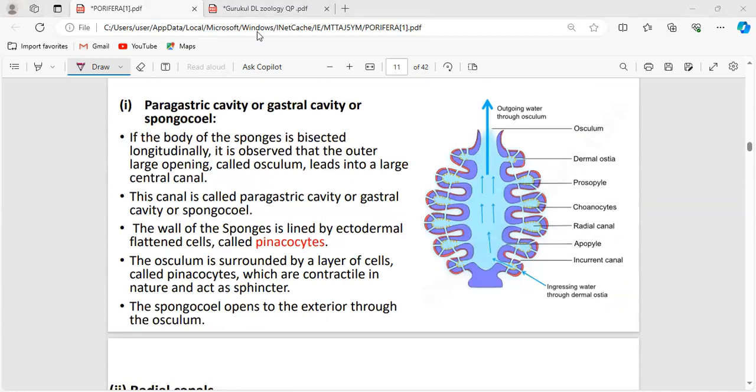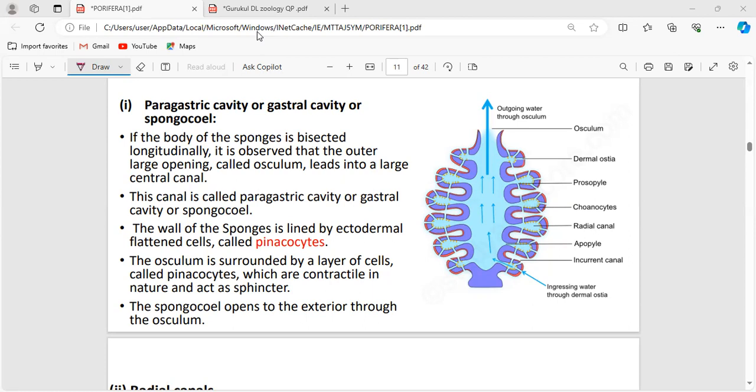Good. The opening which connects the incurrent canal and the radial canal, what is it called? Prosopyle, very good.